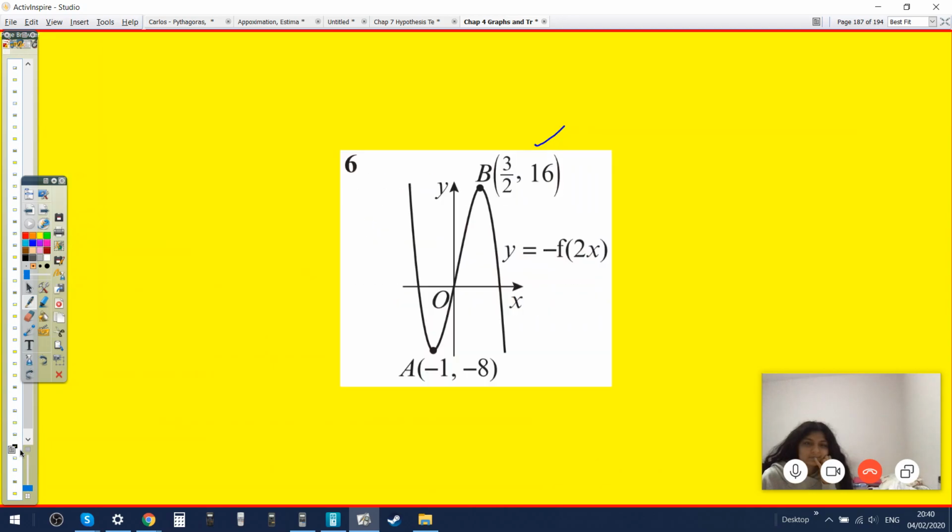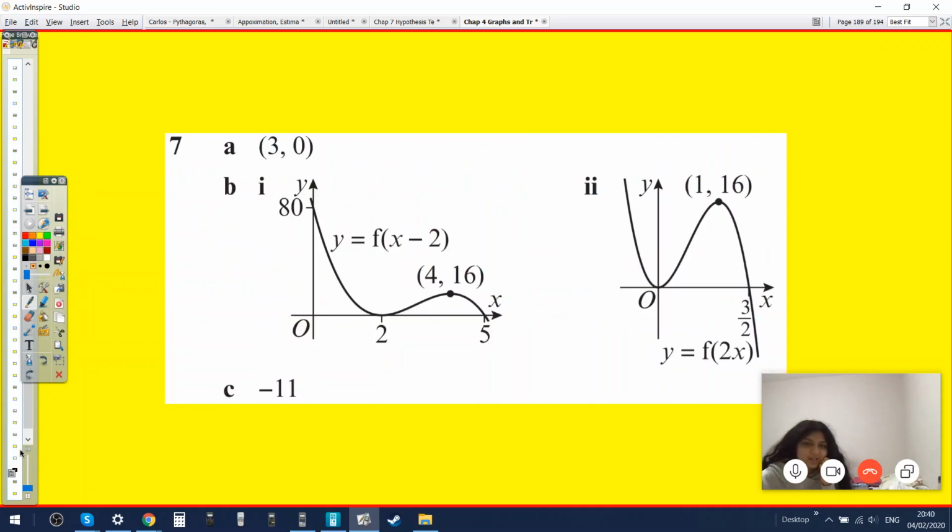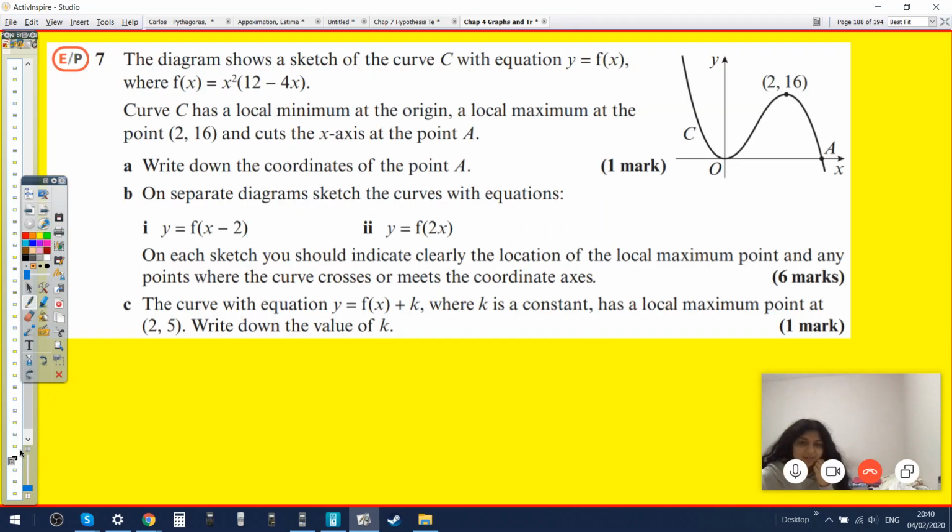Let's see. Where was our thing? Can we use that to do C?